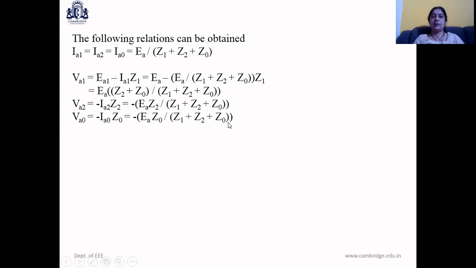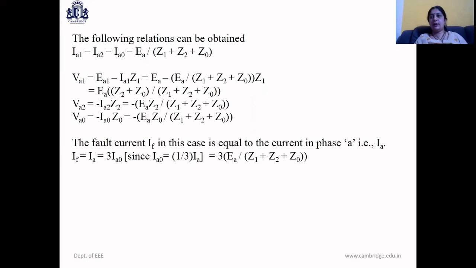So these are the relations that can be obtained for the sequence currents and the sequence voltages, from which we can obtain the expression for the fault current. The fault current IF, as seen in the first diagram corresponding to the single line to ground fault, is nothing but equal to the line current IA. Therefore, IF equal to IA, but we know IA equal to IA0 plus IA1 plus IA2.